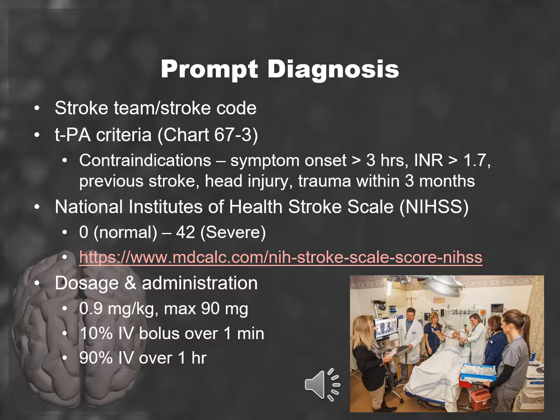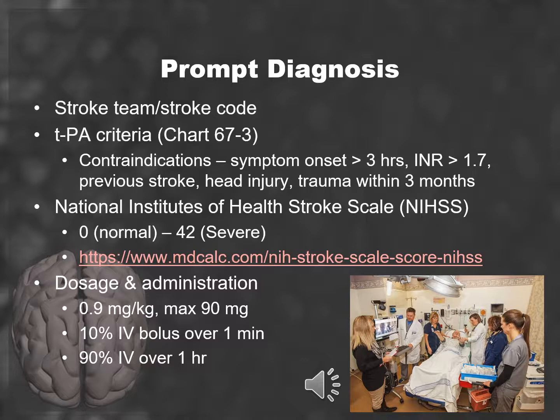A big thing that we're doing while the patient is receiving TPA is very closely assessing their neurologic status, as well as watching their blood pressure and vital signs very closely. So you're usually going to be assessing the vital signs every 15 minutes for the first couple hours, and then every 30 minutes for the next 6 hours, and then every hour for 24 hours after treatment.